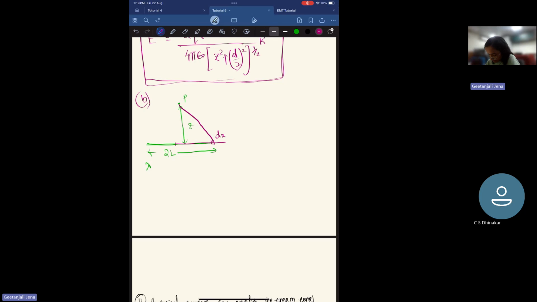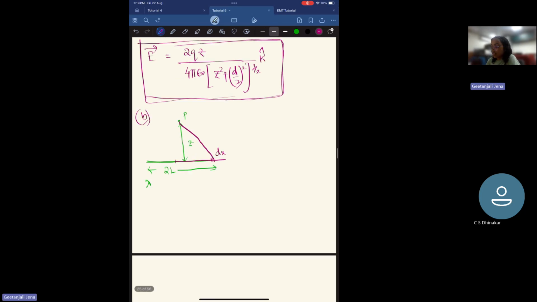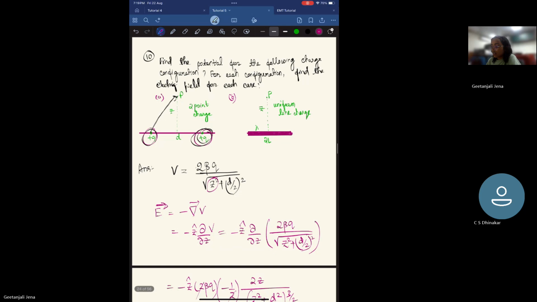Can we directly find the field? For a simple charge configuration, like here where it is only a discrete point charge, you can easily find the field. But whenever you have a continuous charge distribution, you need to take the integration.